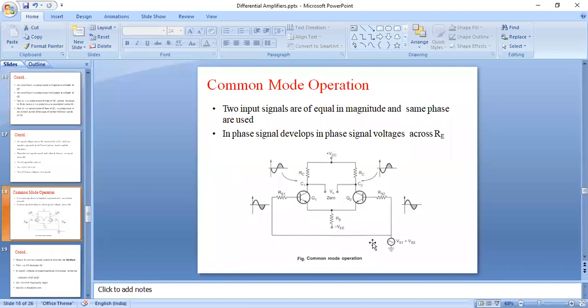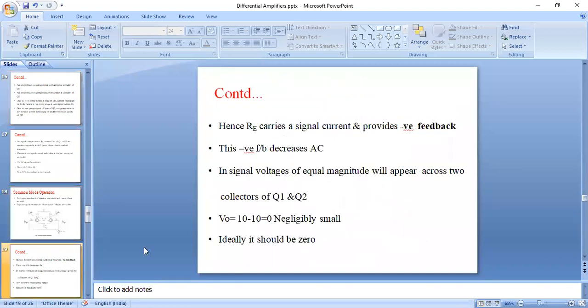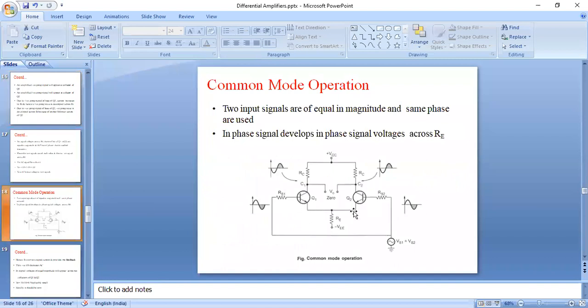So when both currents are equal in phase, those two currents are added and voltage is developed across RE and the feedback is applied, the feedback decreases the common mode gain of the differential amplifier.